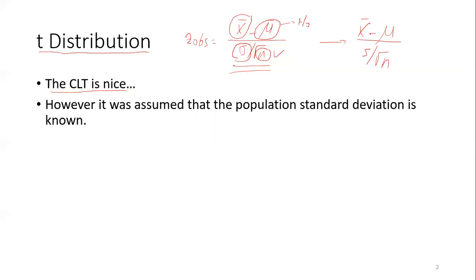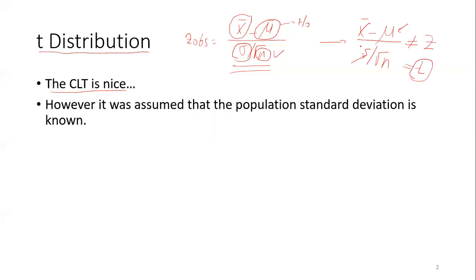So you can just write x bar minus mu divided by s divided by root n. You can write this, but now it's no more z, because in z we have to know mu and sigma, but now we don't know sigma. Hence, this is no more z, but this is what we call a t distribution.